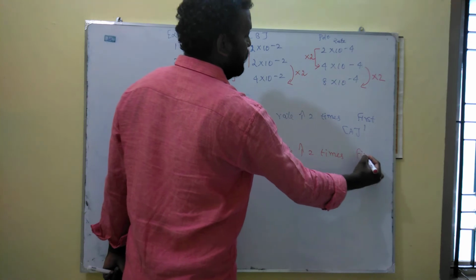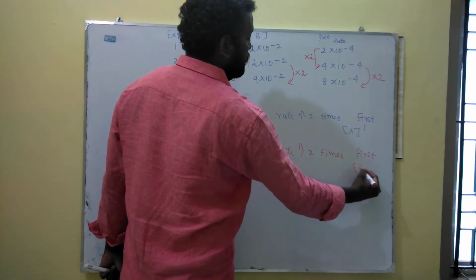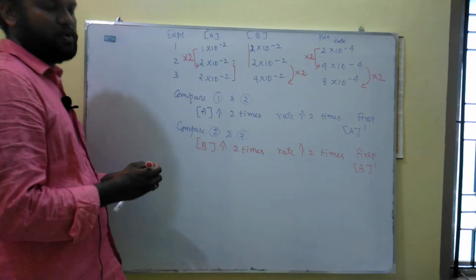So n times increment, n times rate, is first order. So with respect to B also it is 1.